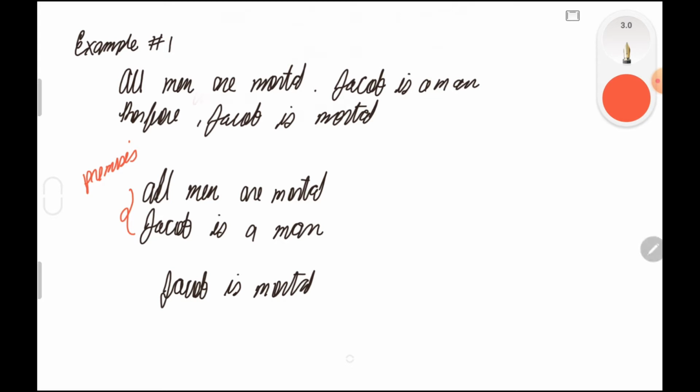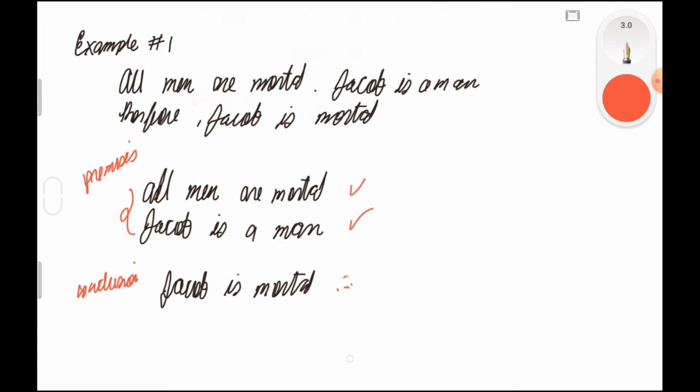So, from this, we may say that since this conclusion did not overgeneralize any of these statements, we can say this is a valid deductive reasoning. So as you can see, when we make it a syllogism, all men are mortal.